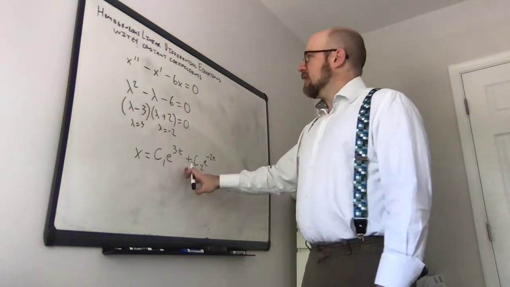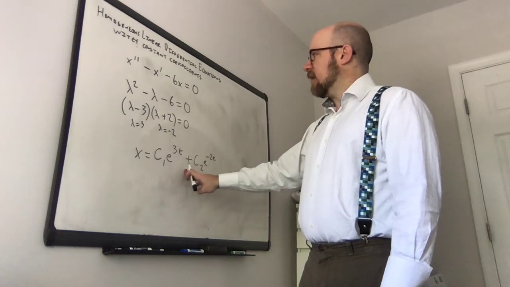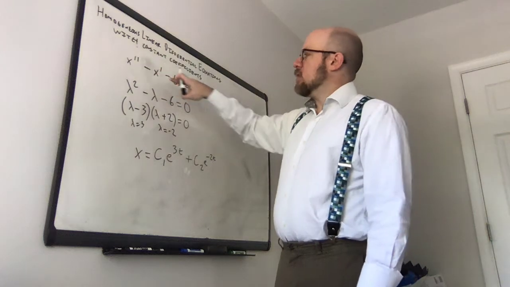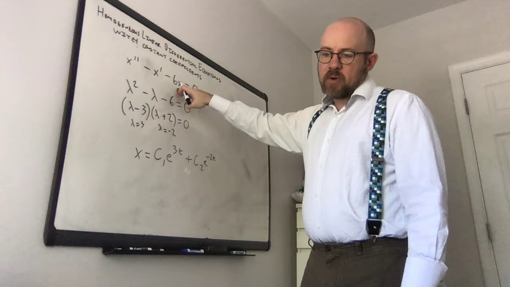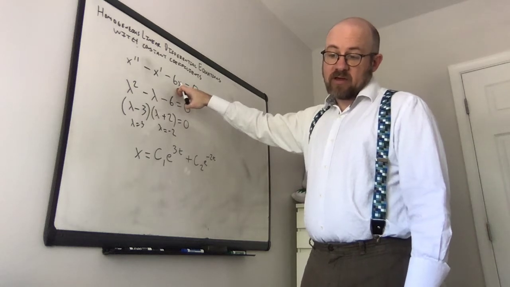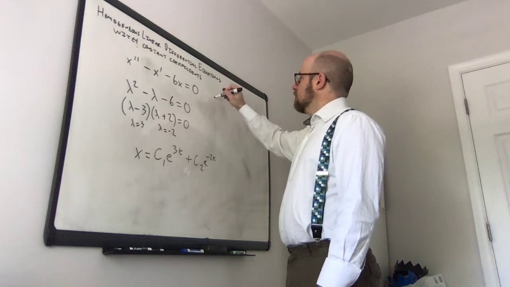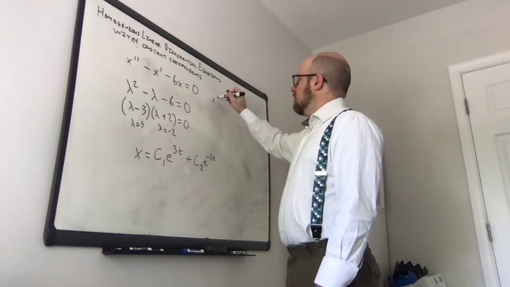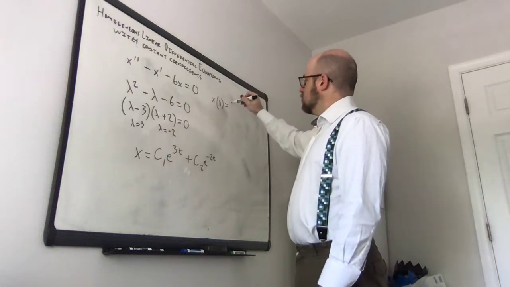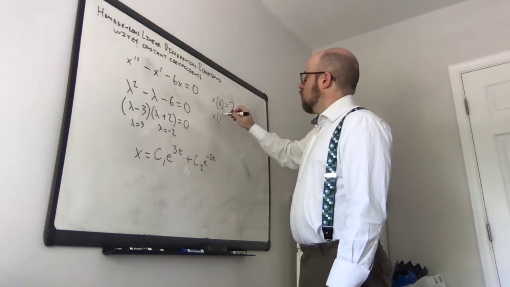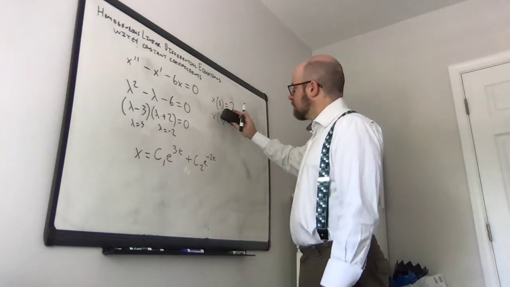And that's going to be our equation. If you think about finding the constants, we would need to know not only what x is at 0, but also what x prime is at 0. So you would need something like x of 0 equals 2, and x prime of 0, say, equals 1.